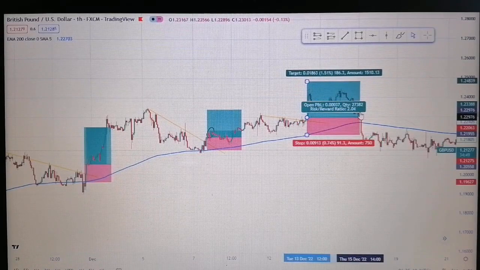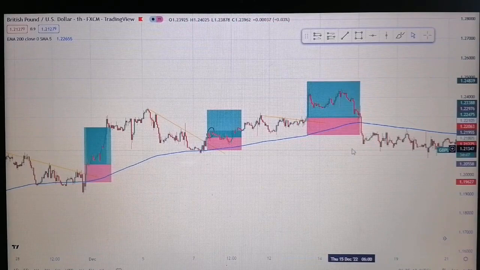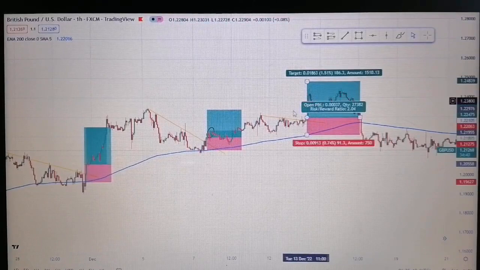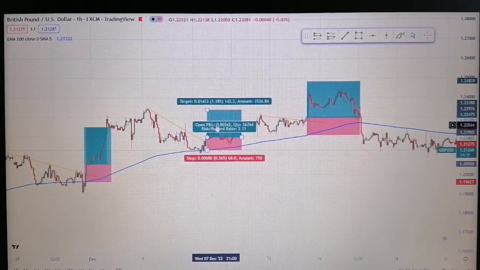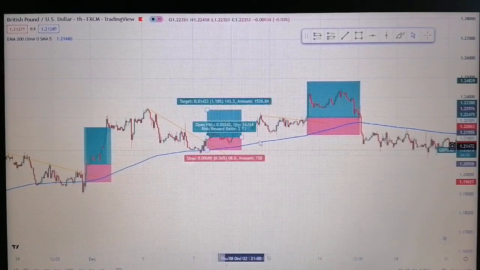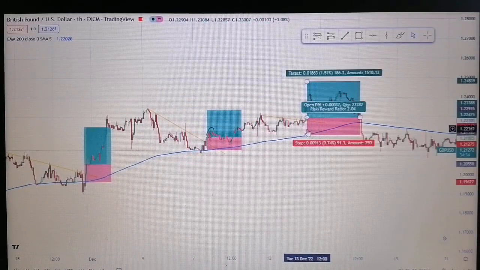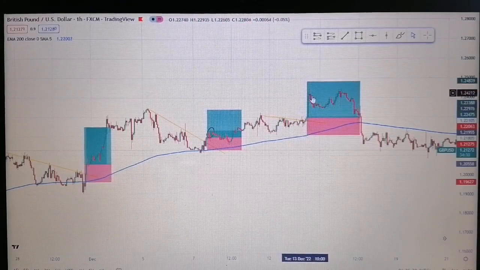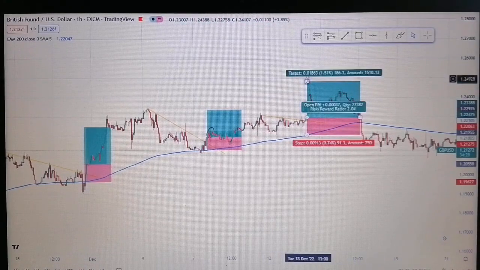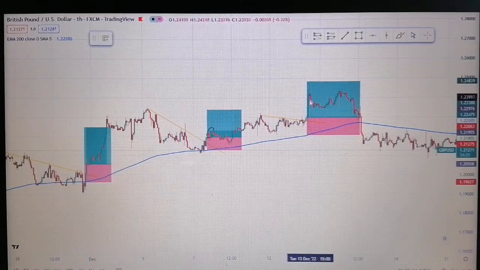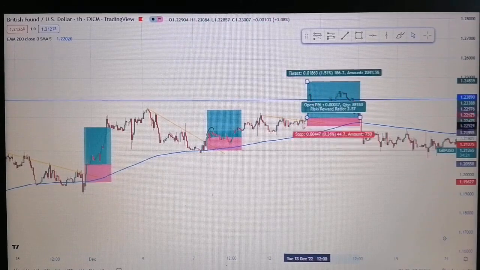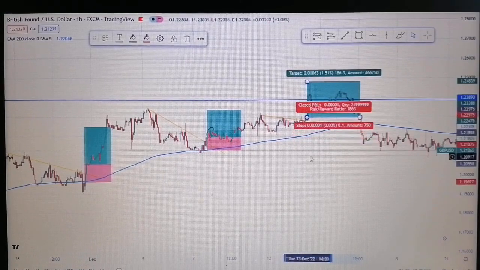Look at this. You could have gone into profit and come back to hit your stop loss if you are not smart enough. So what you do here, and you do this for all the trades, once price is 2 times in profit, let's say price comes here, you move your stop loss to entry, like this.